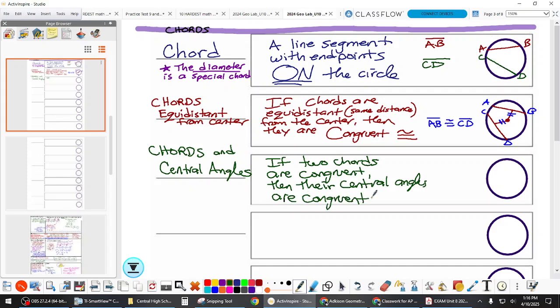We said it depends how big or small the central angle opens, kind of thinking, determines how big that chord is.